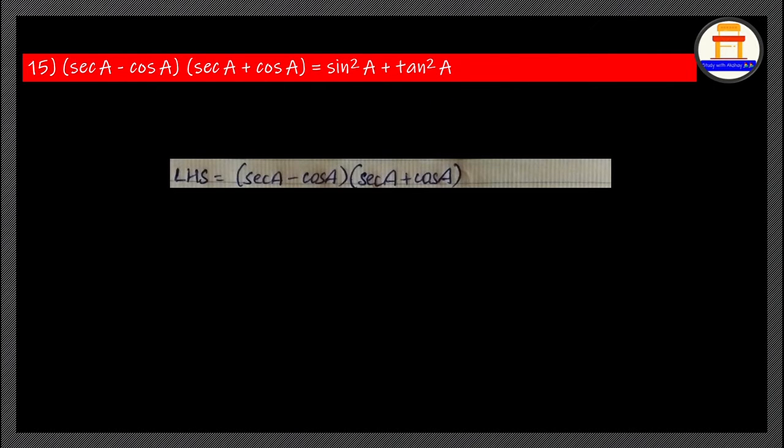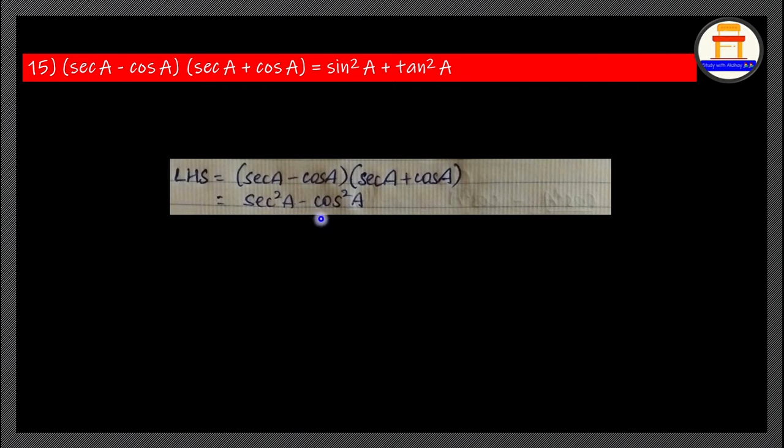It is in the form of A plus B into A minus B, so A square minus B square, that is secant square A minus cos square A. Again, write down the relations which make us arrive at the result in sine A and tan A. Make sure you arrive at that result. So bring those relations which convert secant A and cos A into sine A and tan A.